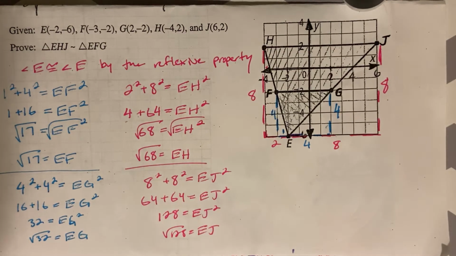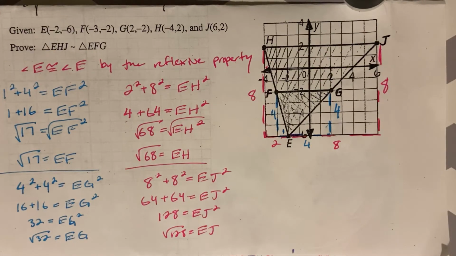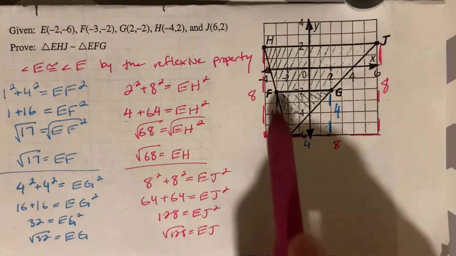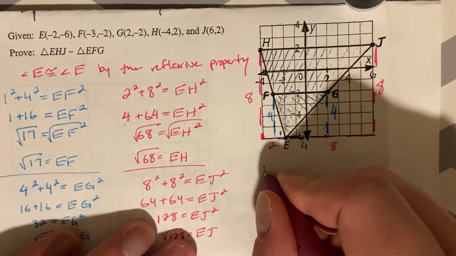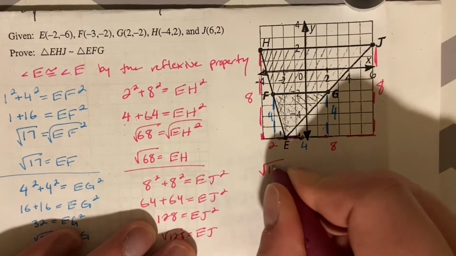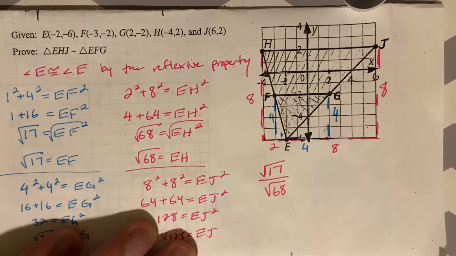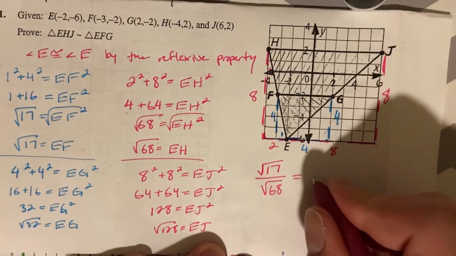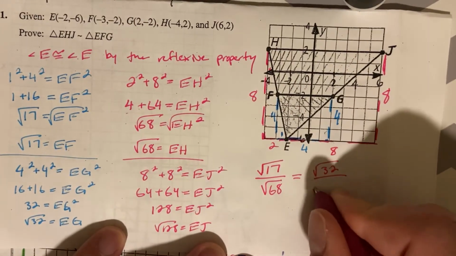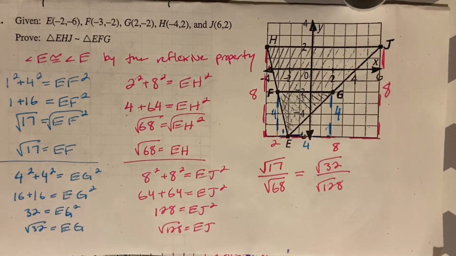I'm just going to show that the corresponding sides are proportional. So the corresponding sides would be EF and EH. So I say the square root of 17 over the square root of 68. And this should be equal to EG over EJ. So the square root of 32 over the square root of 128. Now I'm just going to use my calculator.